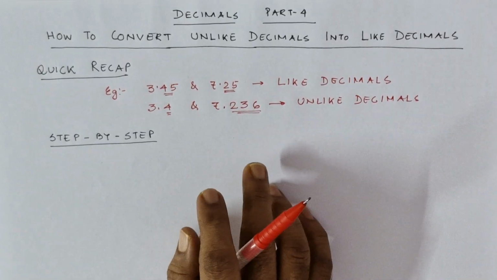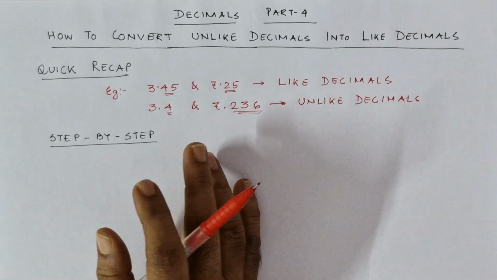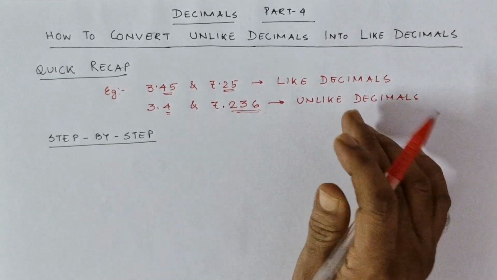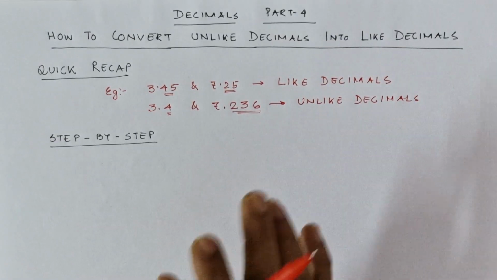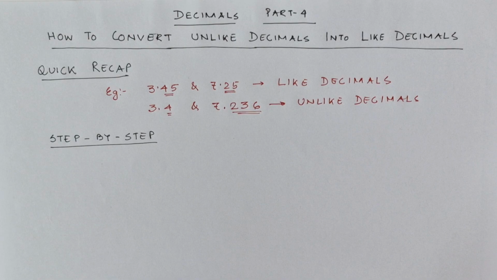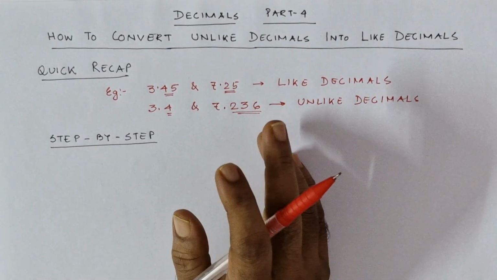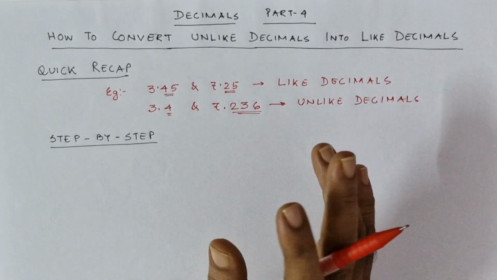Now students, let's ask ourselves, why do we need to convert unlike decimals into like decimals? See, you must understand, how can we add or compare decimals when their decimal parts are different in length?